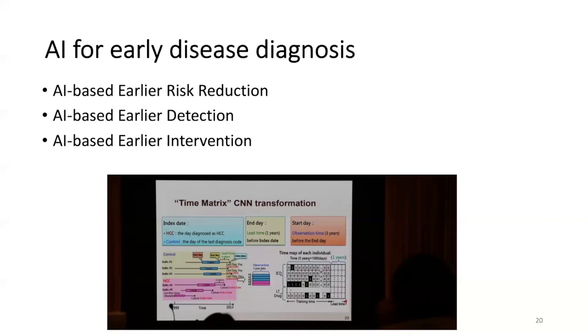So, for example, when the system thinks you have a higher risk of some disease, then it will send you an alert.